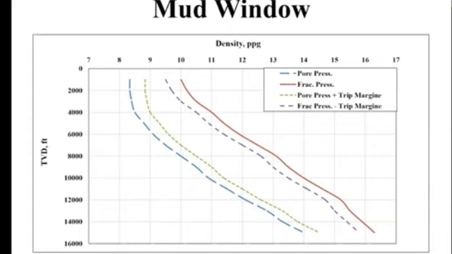So bottom hole pressure would be hydrostatic pressure minus the pressure drop due to friction. So bottom hole pressure will be less than the hydrostatic pressure. For that reason, we need to add trip margin. Obviously, the trip margin we add to the pore pressure is because of swabbing, and the trip margin we subtract from the fracture pressure is due to surge.